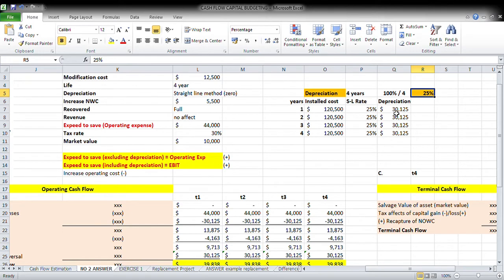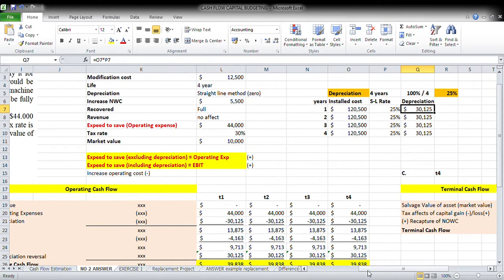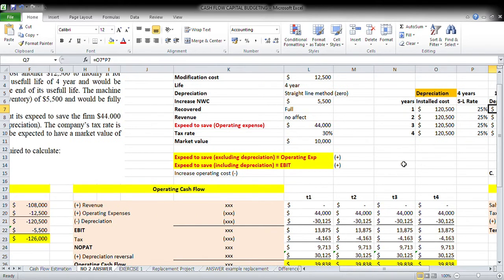The depreciation is 120,500 times 25%. The result is 30,125. Sorry. Then minus depreciation, it will be minus here.